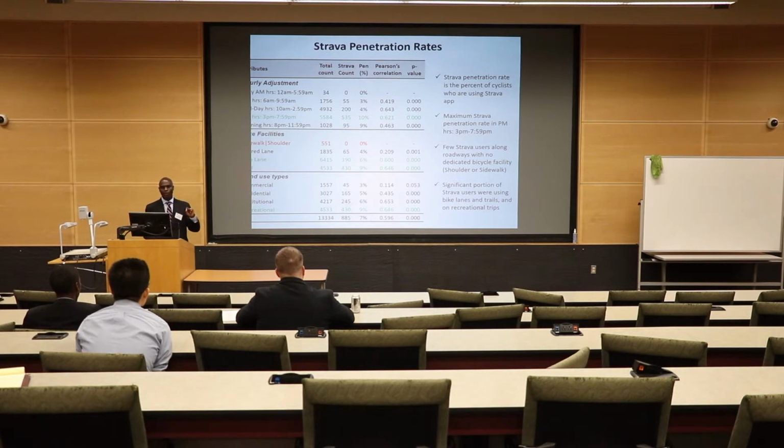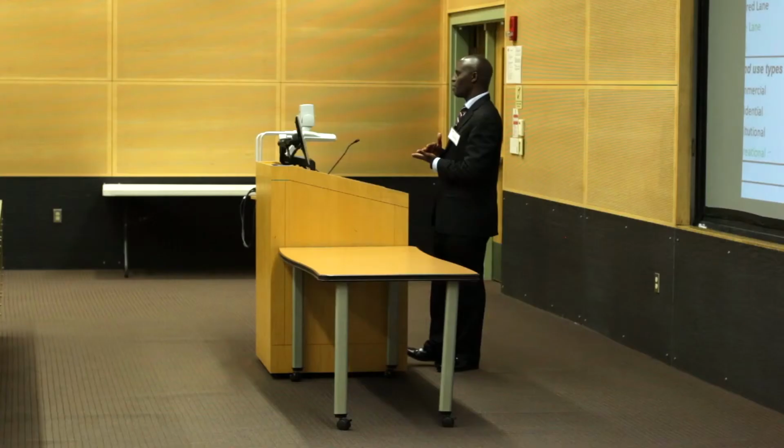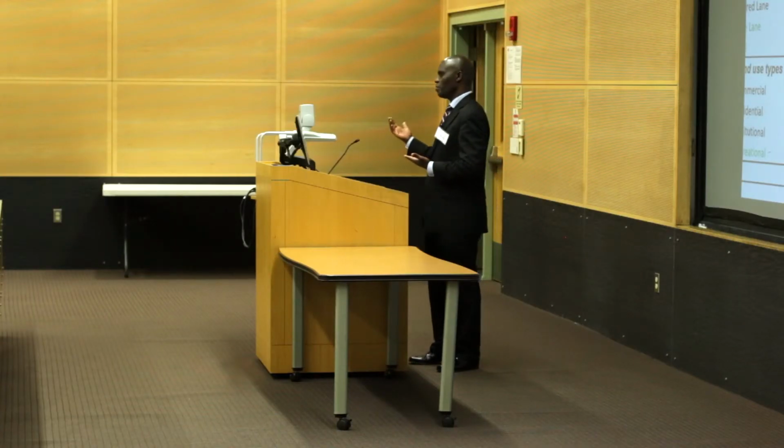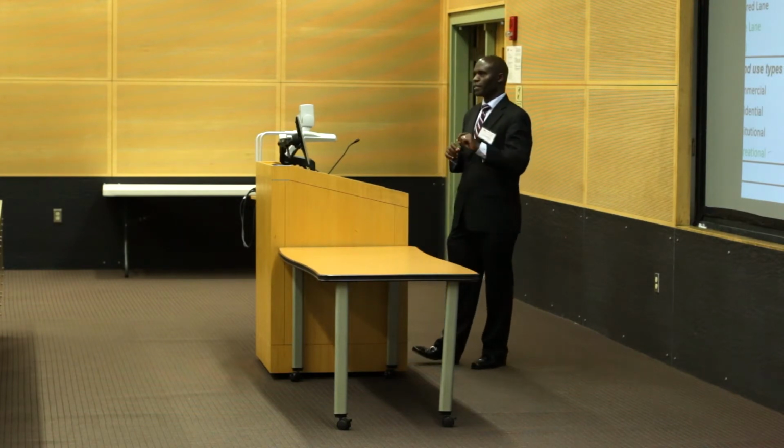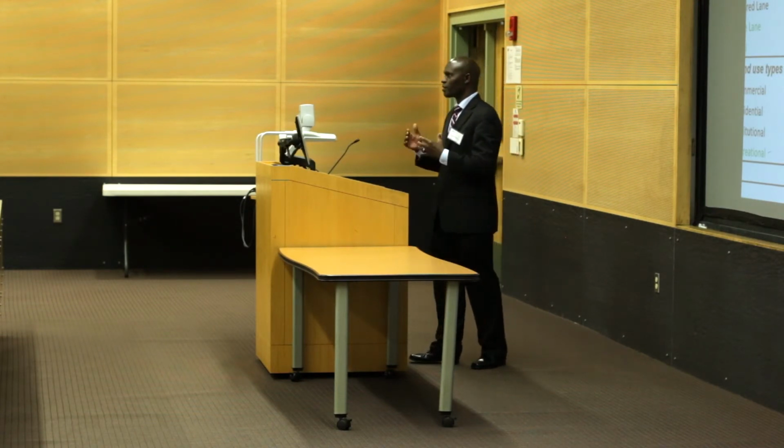For example, hourly, we looked at different times of the day, different types of facilities, and different land use types. What we found was that the maximum Strava penetration rate was in the PM hours, between 3 p.m. and 7 or 8 p.m. That's when you see a lot of cyclists using the Strava app.